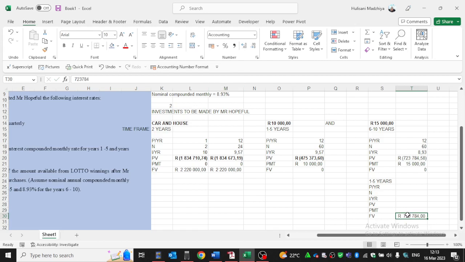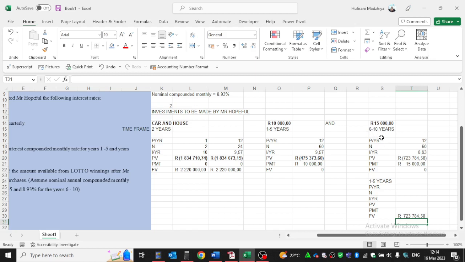But we're going to put it as a positive, to say that whatever is invested from the period of 1 to 5 is going to get 723,784.58, which is also going to be reinvested for the period of 6 to 10 years.